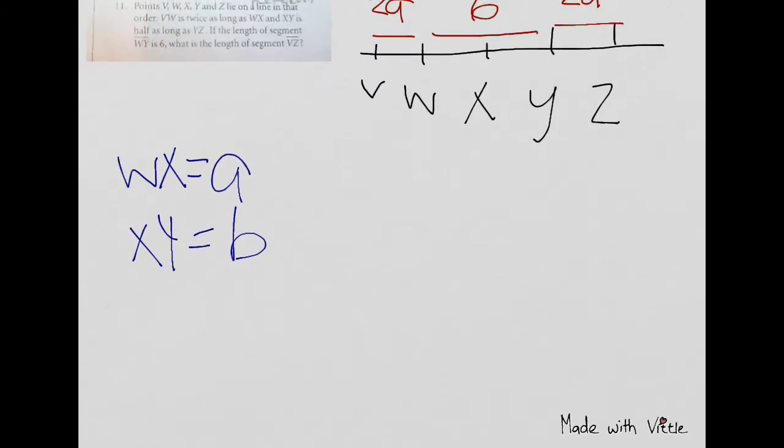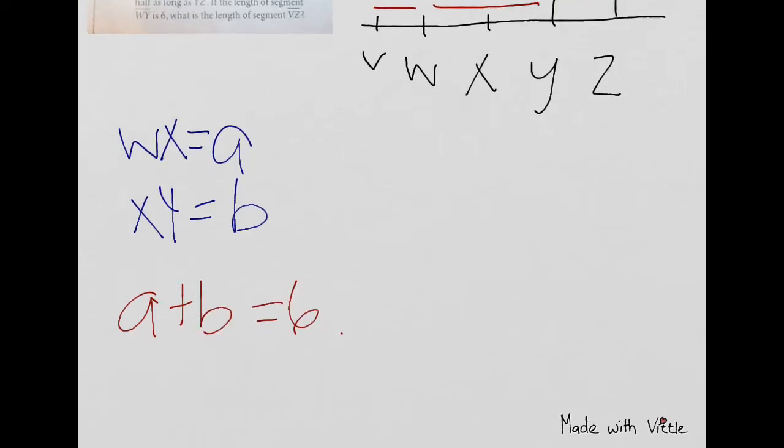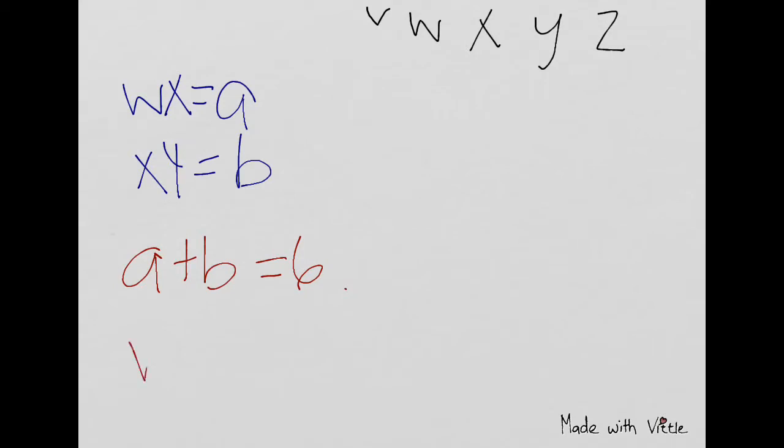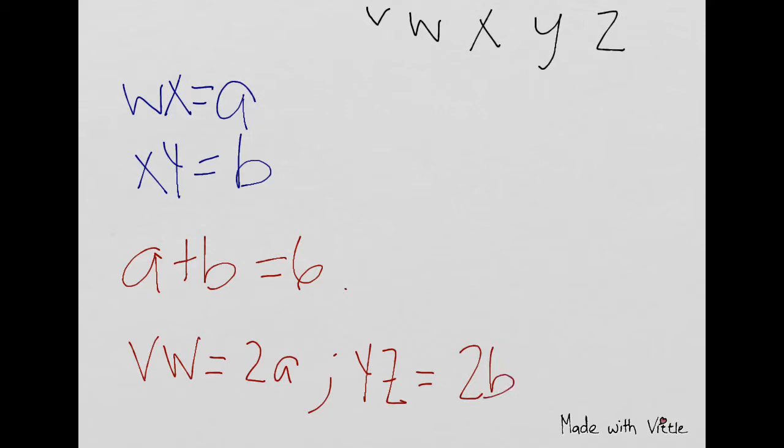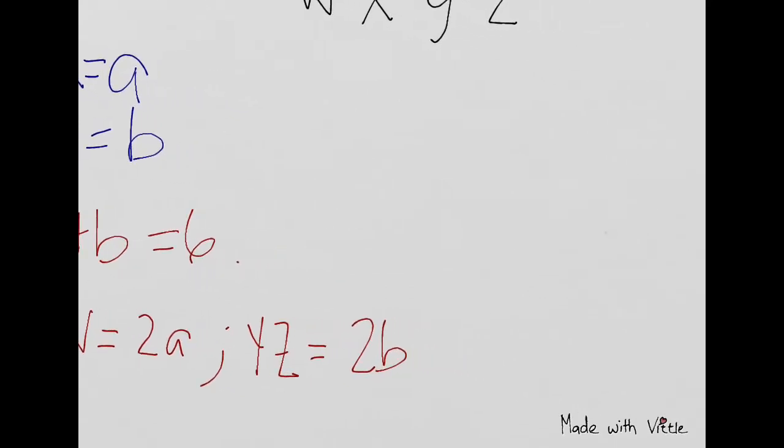We would do A plus B equals 6. We also said that we knew VW is equal to 2A as well as YZ, and we can say that's equal to 2B. Okay, so let's add everything else that we know into the equation as well.